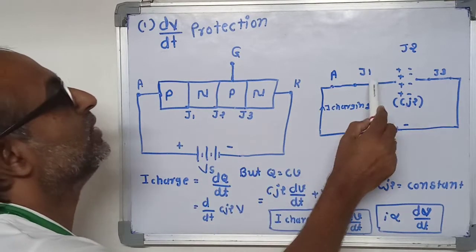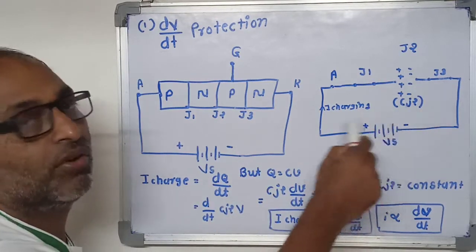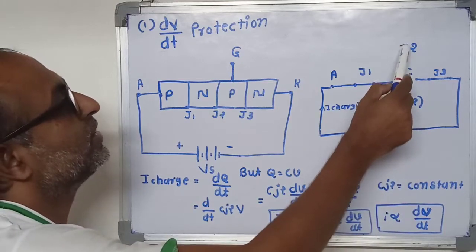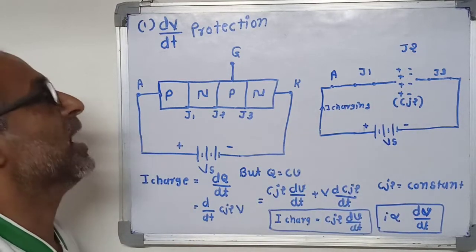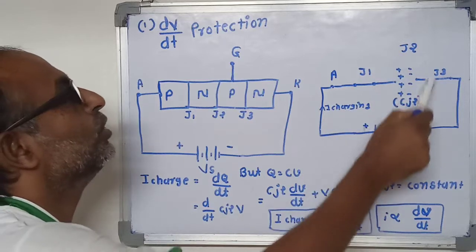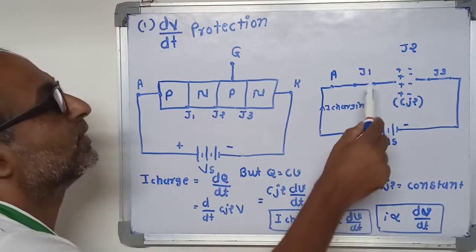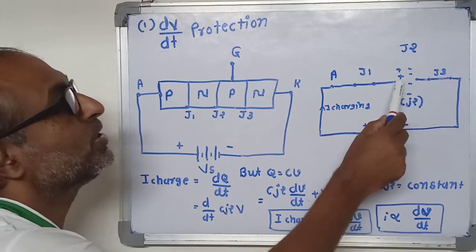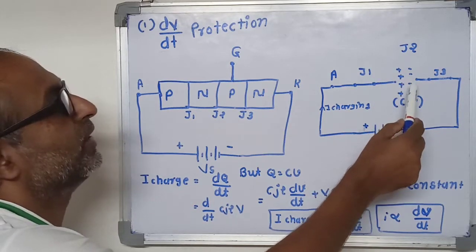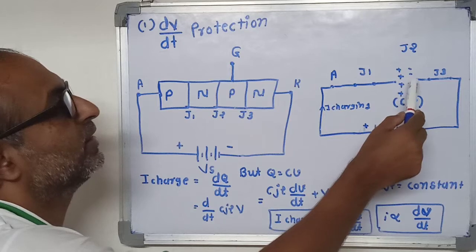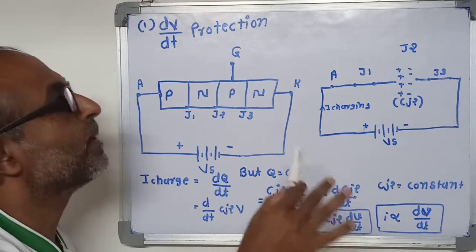Junctions J1 and J3 will be forward biased and junction J2 will be reverse biased. Junction J2 behaves as a capacitor due to the charges existing on both sides of the depletion layer, with positive charges on one side and negative charges on the other.